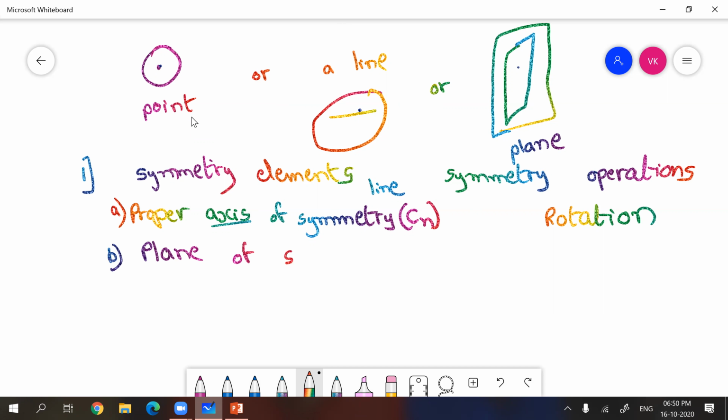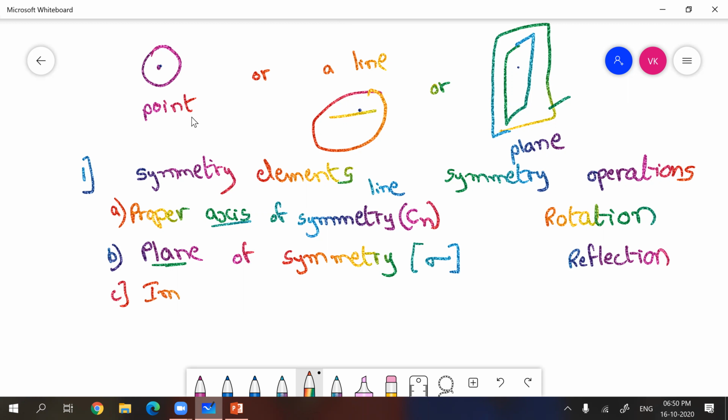Second symmetry element is the plane of symmetry. So the plane of symmetry is having a symmetry element plane. It is indicated with sigma, and here the symmetry operation that we carry is reflection. And the next symmetry element is the improper axis of symmetry.